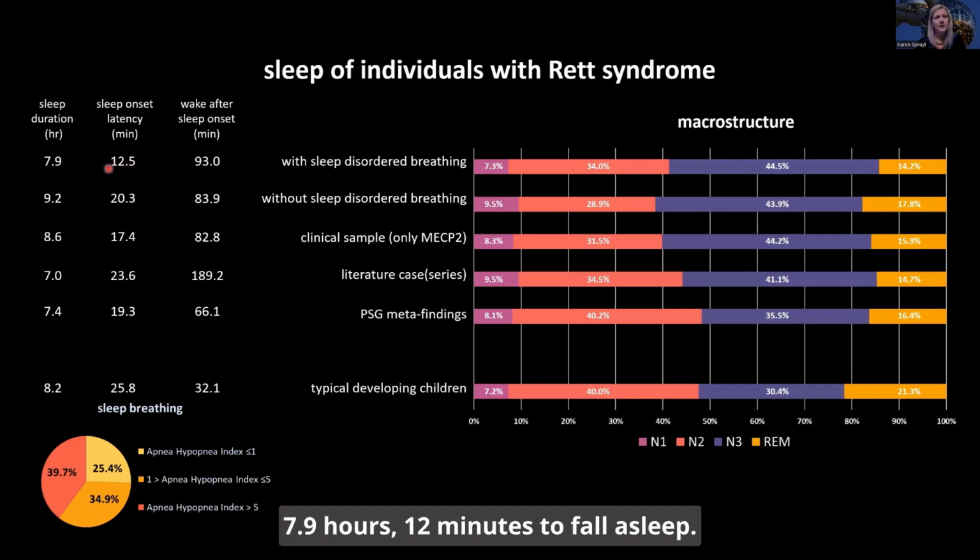It took 12 minutes to fall asleep, but they had a huge sleep need. So the pressure was clearly there. And then you have 93 minutes of wake during the sleep period. And you can see that the stage N2, so the lighter non-REM sleep, is 34%, as well as the stage N3 is 44.5%. And then you have 14% in REM sleep.